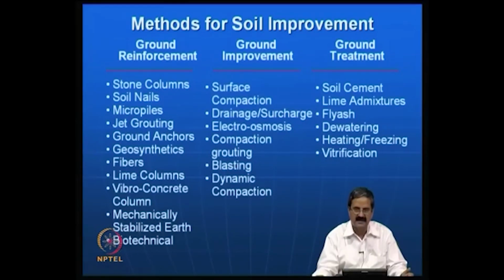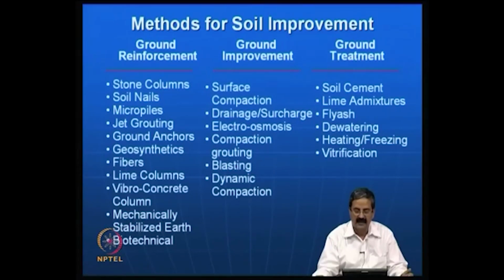You drop a lot of weight onto the ground and dynamically compact the whole soil. Because of the dynamic compaction under a charged weight, there is a possibility that pore pressures are generated and consolidation occurs. Once consolidation is complete, we can say that the ground is stabilized or improved, and then it can be used.